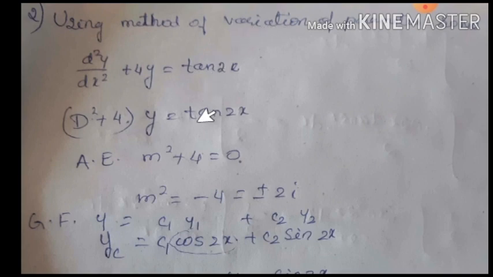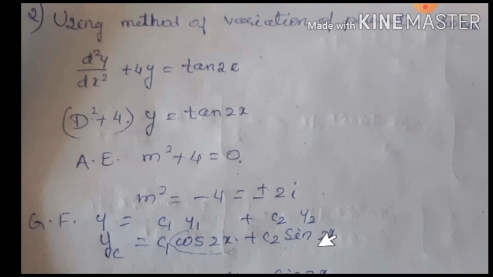Now, the first part is the same as how you write the complementary function, which you studied in the previous method. Write the differential equation using the inverse differential operator, write the auxiliary equation, and find its roots. Then what will be the complementary function? Since the roots are complex, with alpha 0, the general form is c1 cos beta x plus c2 sin beta x.